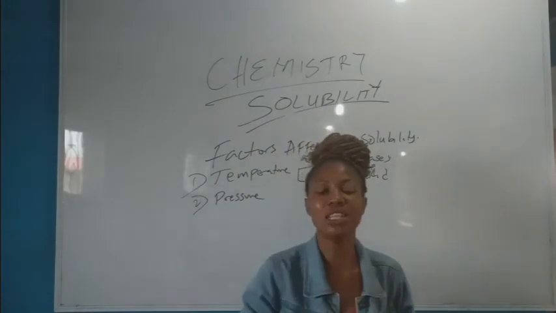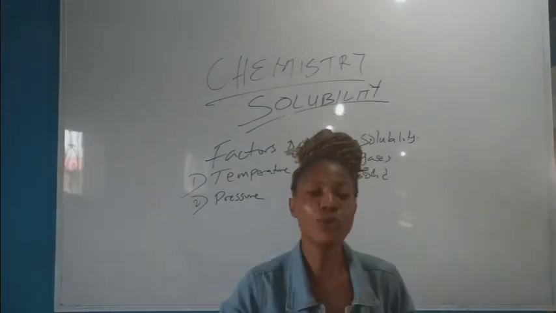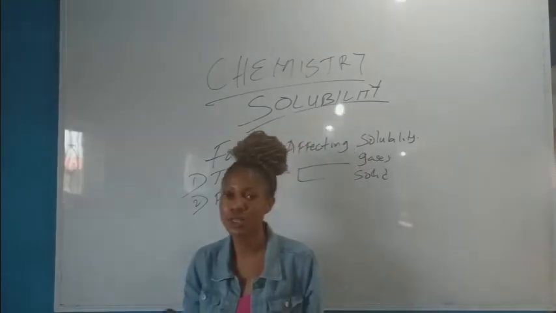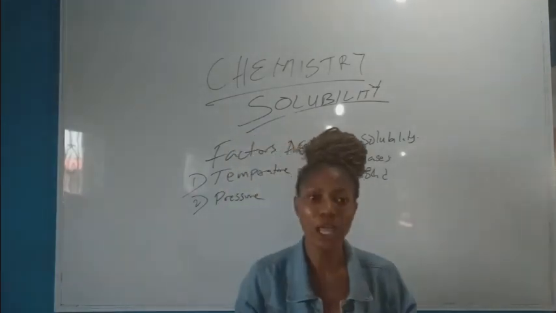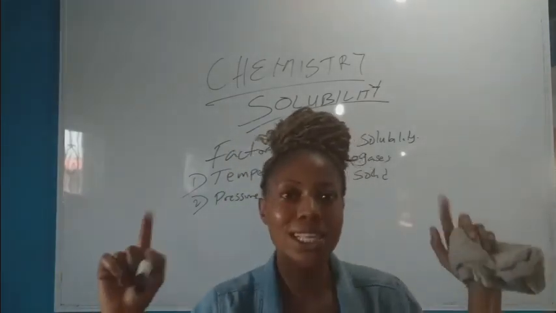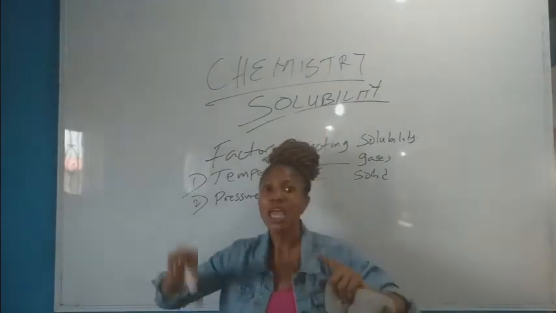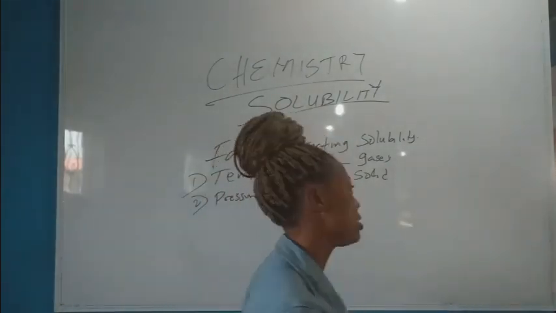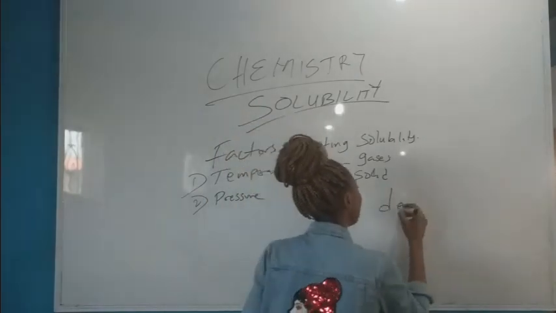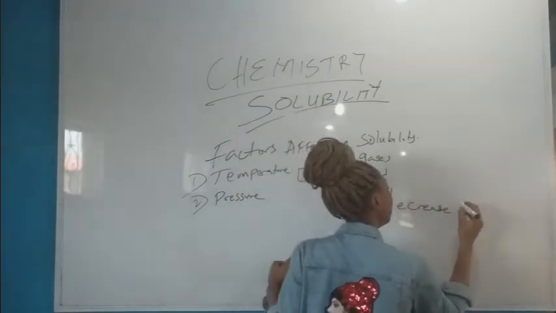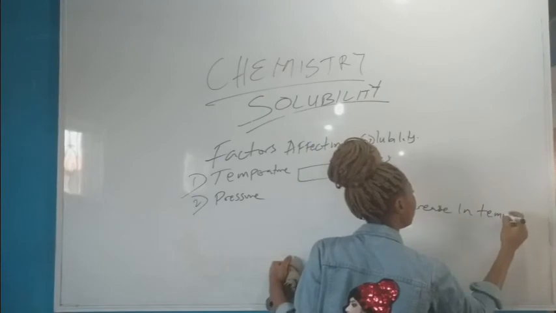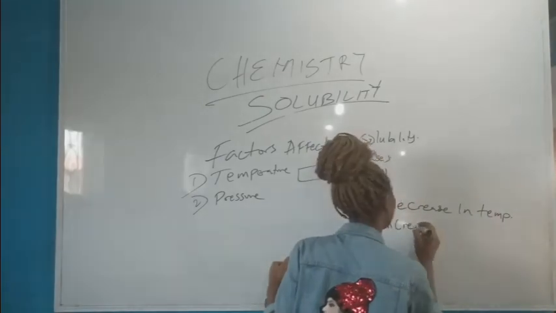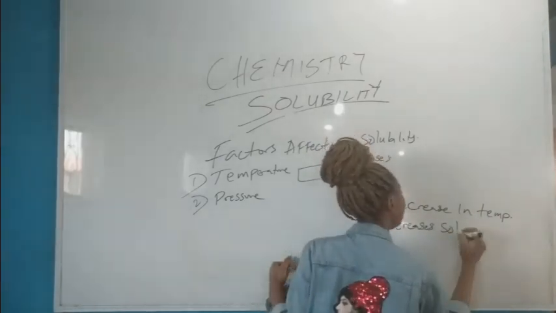You will feel that the feeling is different. You will feel refreshed. It will even taste sweeter when you are taking the cold one than when you are taking the hot one. Why is it like this? It is because decrease in temperature increases solubility of gases.